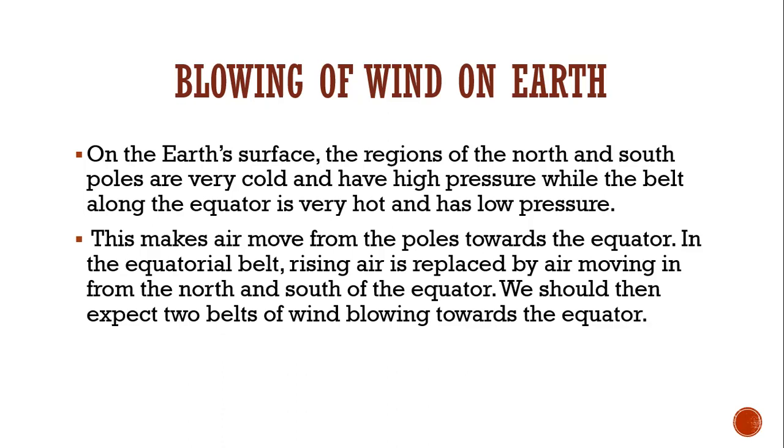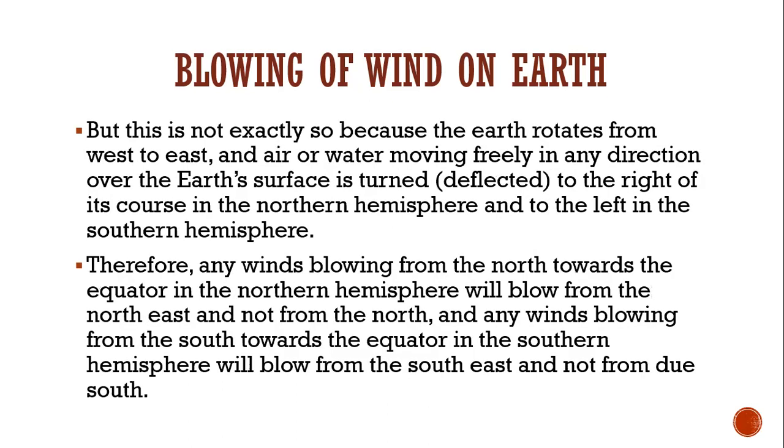Also, we should then expect two belts of wind blowing towards the equator, but this is not exactly so, because the Earth rotates from west to east, and air or water moving freely in any direction over the Earth's surface is turned or deflected to the right of its course in the northern hemisphere and to the left in the southern hemisphere.